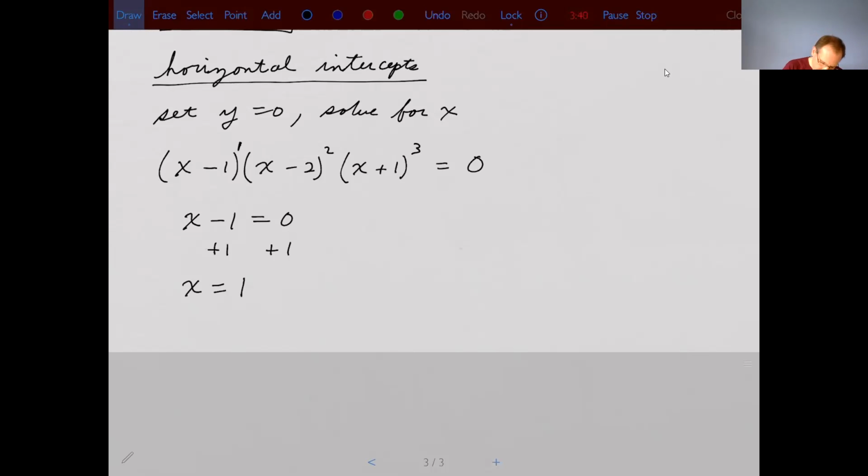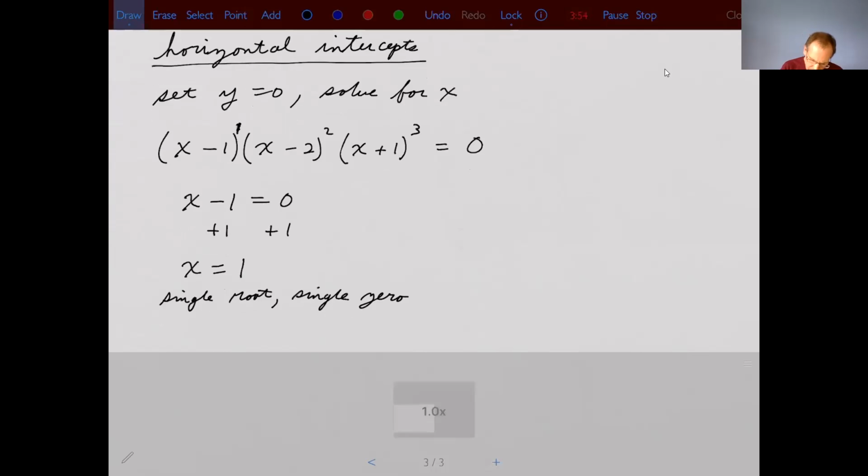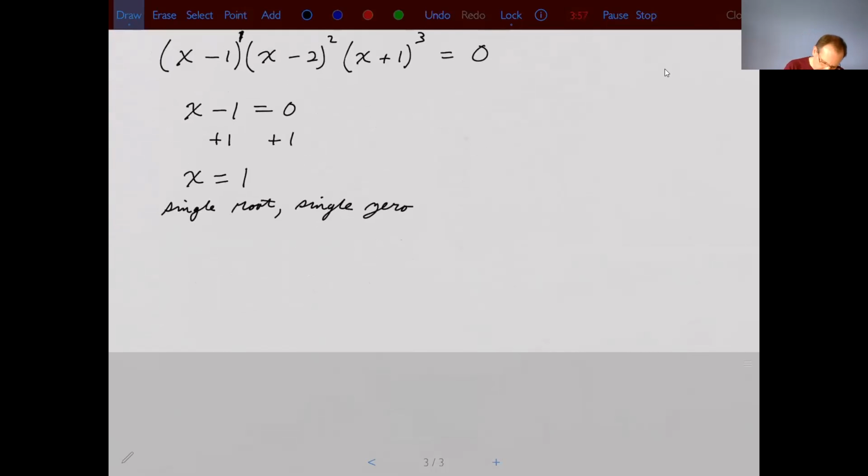So people will call this a single root or a single zero. And it's because of this 1 here, just the 1 power.